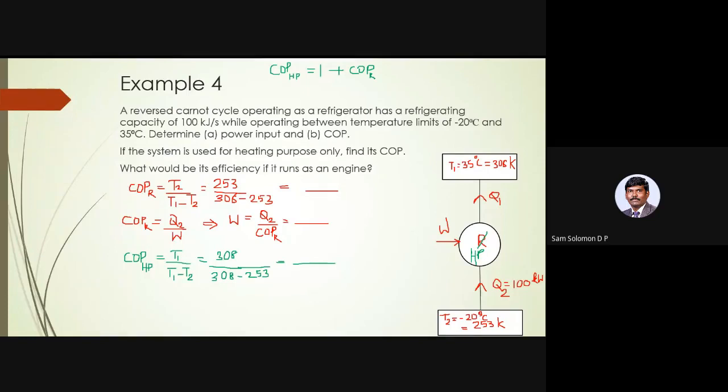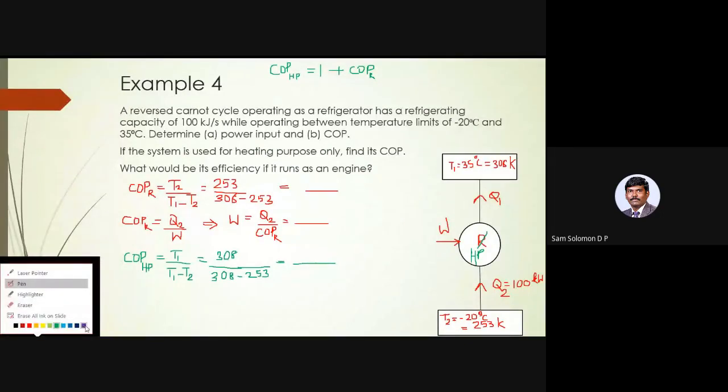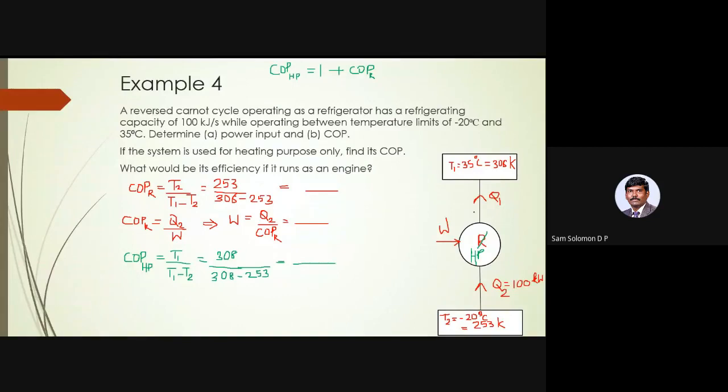What would be its efficiency if it runs as an engine? So now you have to invert the diagram. If you are going to invert the diagram, then you will have heat supplied from the source, and instead of work input, you will have a work output, and you will have heat rejection Q2.